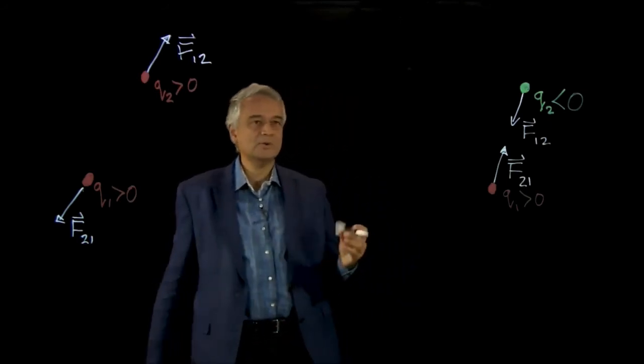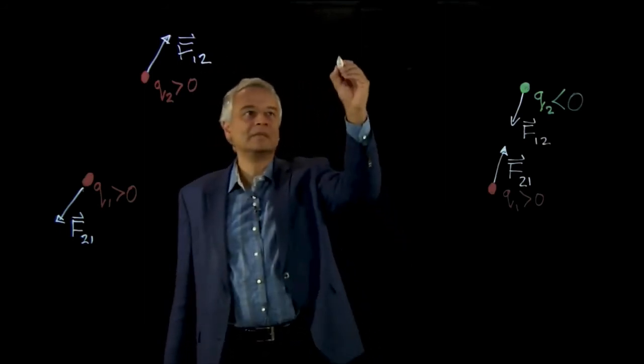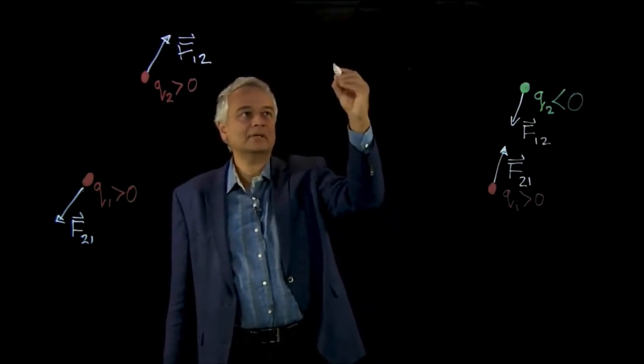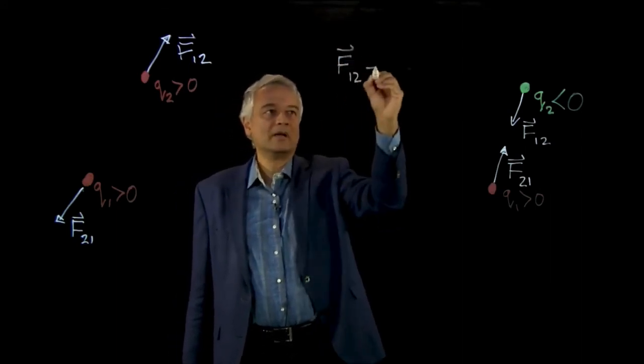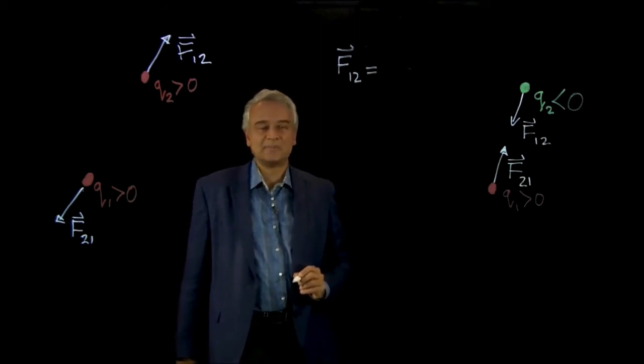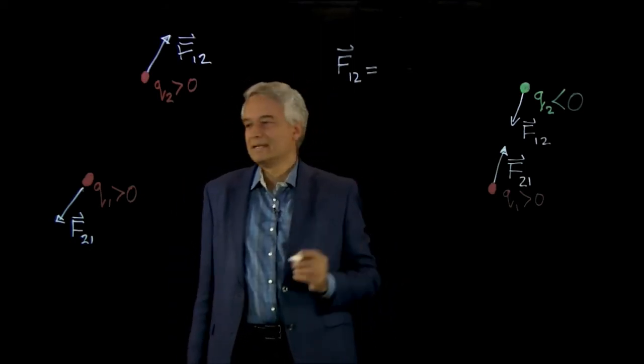So if I want to write, for example, F12 as an equation, how do I do that? Well, the first important fact about F12 is how to write its direction.